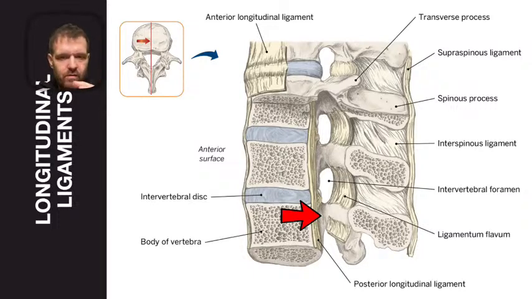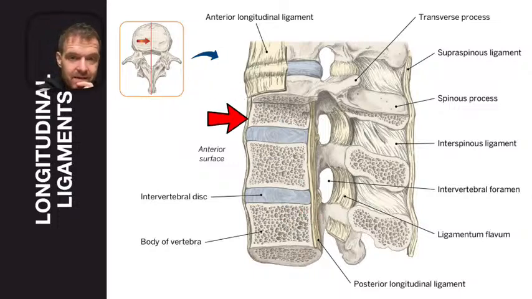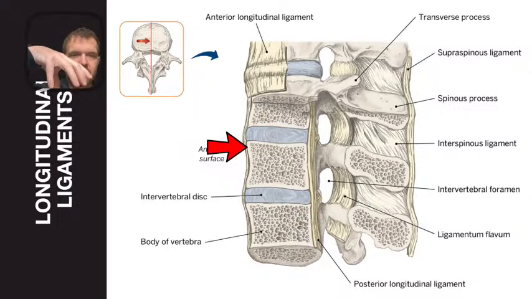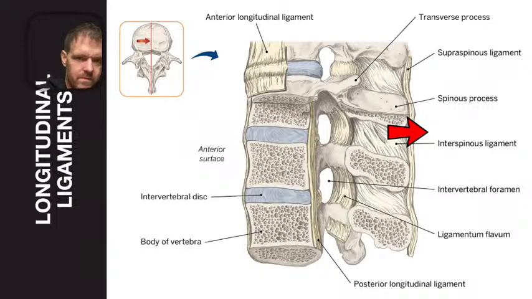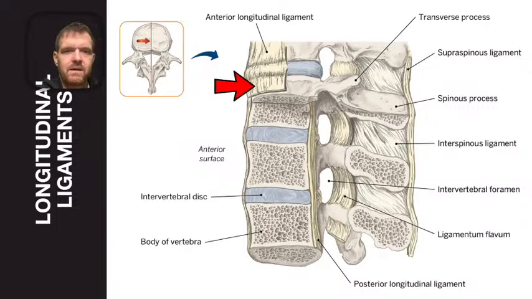Okay, so all of those do that. And then the anterior longitudinal is the only one that limits hyperextension. Well, I should say hyperflexion rather than just flexion. Okay, so yeah, we've got 1, 2, 3, 4 stopping you hyperflexing, and then the 1 stopping you hyperextending.